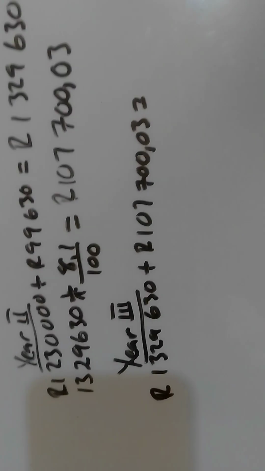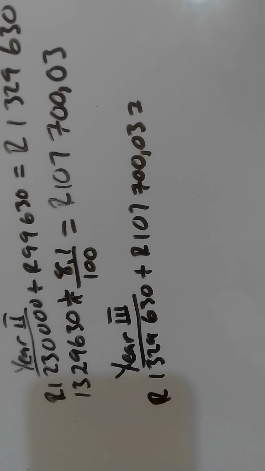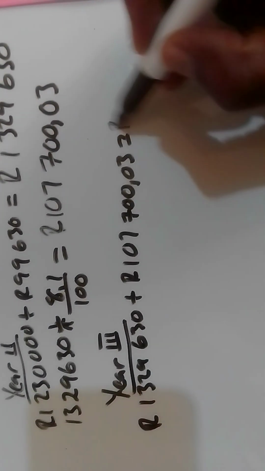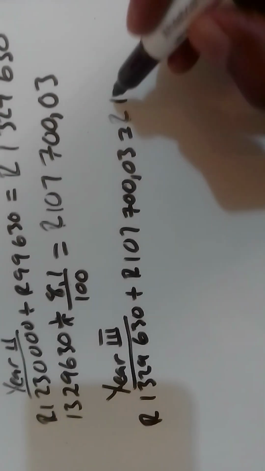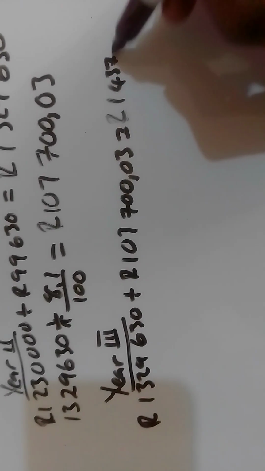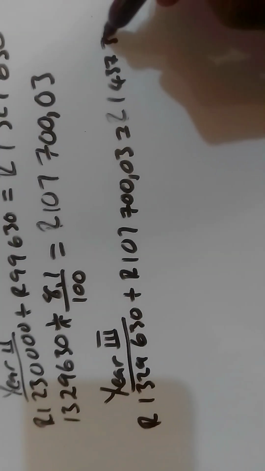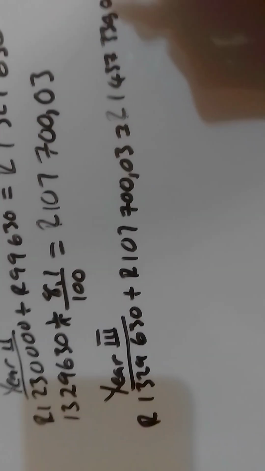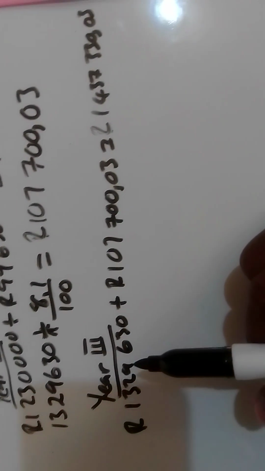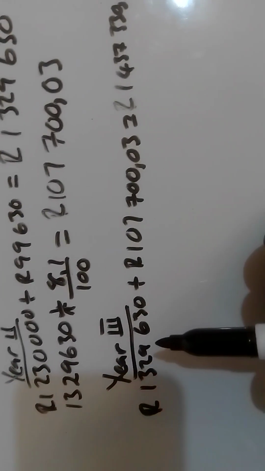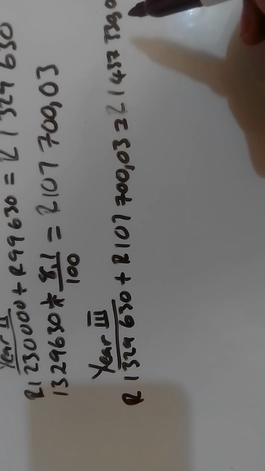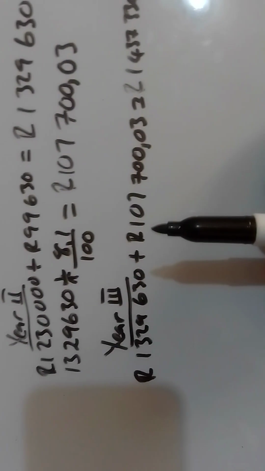It gives us 1,437,330 rands 3 cents. So that's what he has at the beginning of year number 3. Now what are we going to do?